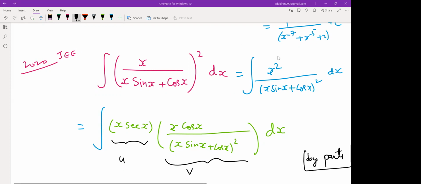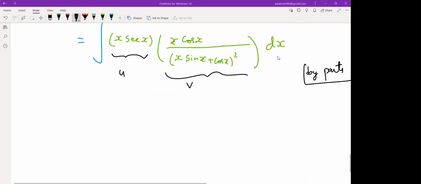So when you apply by parts, you have to differentiate the first function, which is u, and integrate the second function, which is v. So what will be the integration of v?